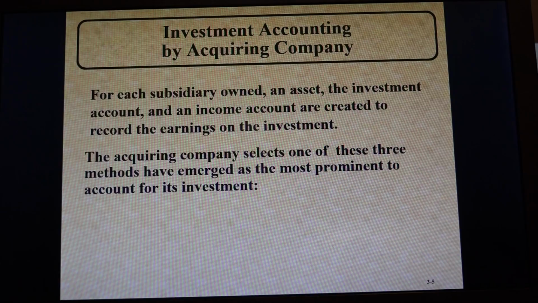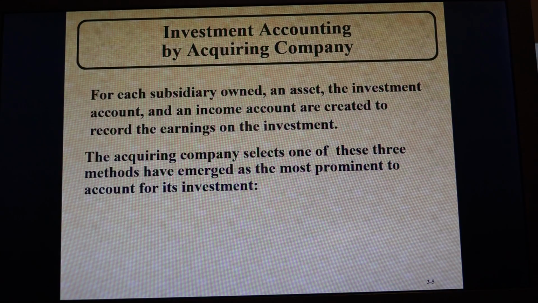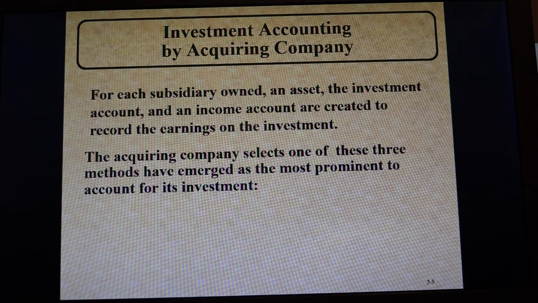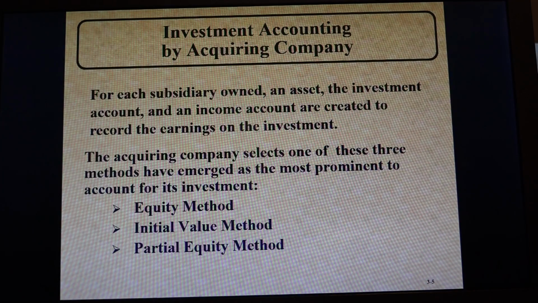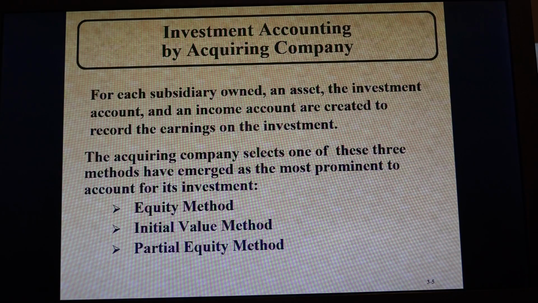So the acquiring company selects one of 3 methods that have emerged as the most prominent to account for its investment. One of them you've already seen. And so that's the one I want to focus on, the equity method. It is full-blown accrual accounting.